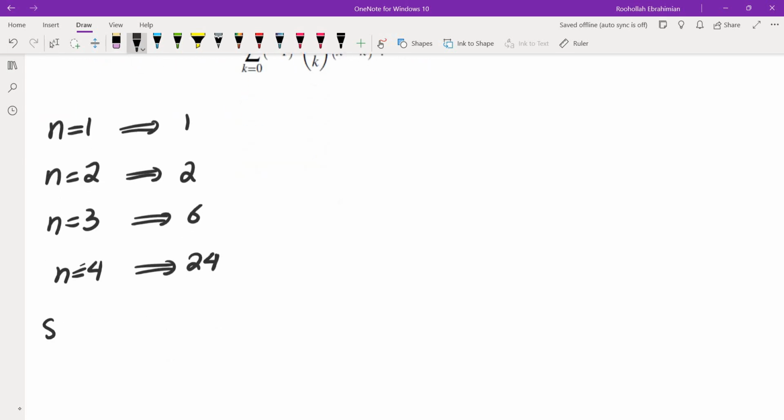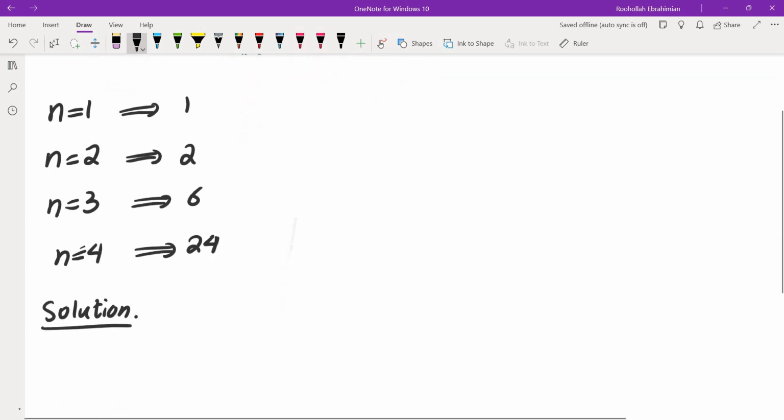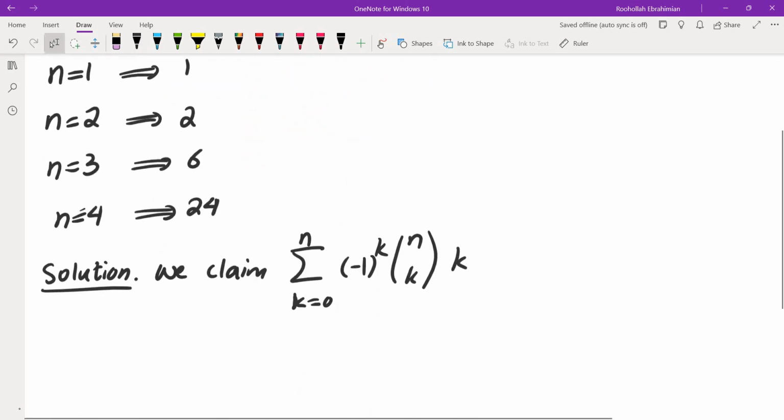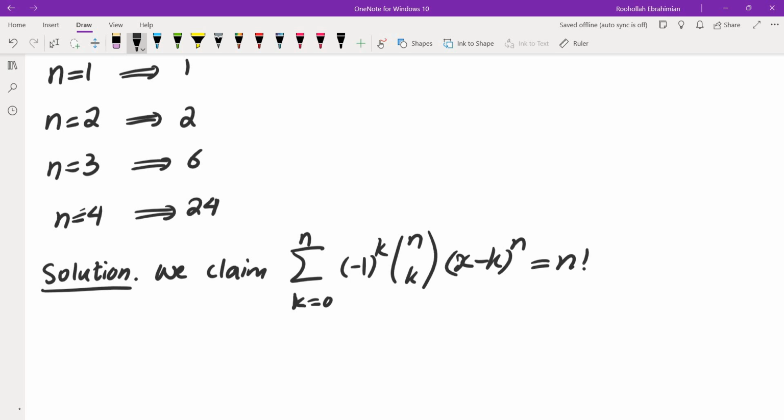So what we're going to do is show that in fact this sum is equal to n factorial. Okay, so we claim the sum k equals 0 to n, negative 1 to the power of k, n choose k, times (x minus k) to the power of n, is equal to n factorial.